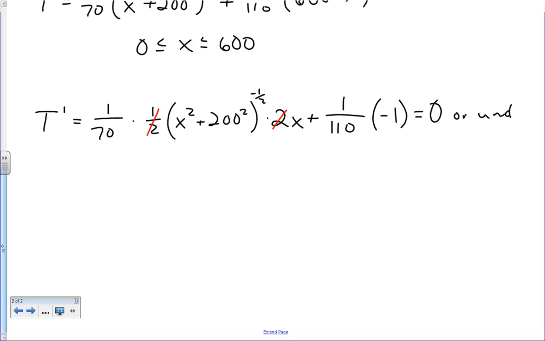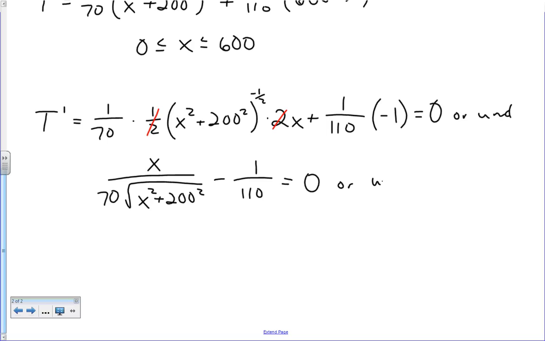And I'm going to rewrite this as x divided by 70 times the square root of x squared plus 200 squared. That's what the negative 1/2 exponent means. You can move that to the denominator. And then it's minus 1 over 110 is equal to 0 or undefined.